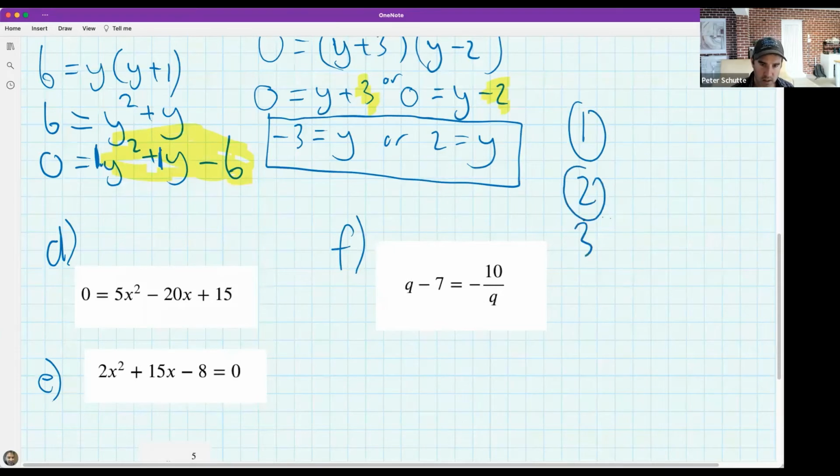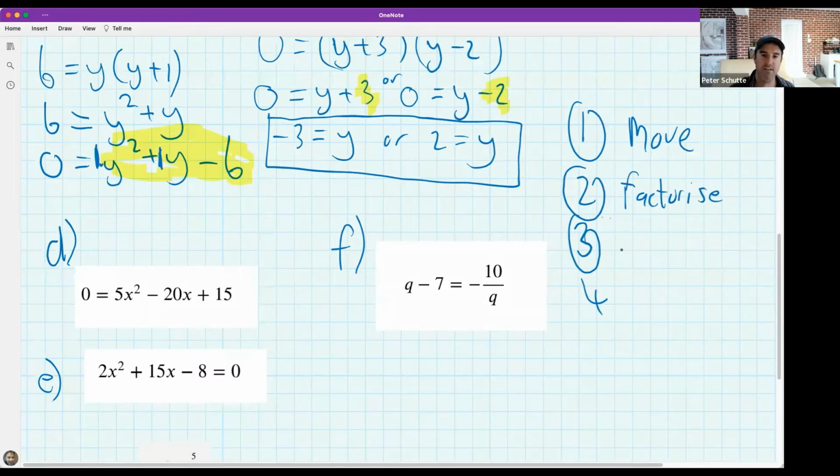So what did I say? Move everything to one side to get 0. And then I said you had to factorize. Then I said split. And then I said solve. So that is how to solve a quadratic equation.